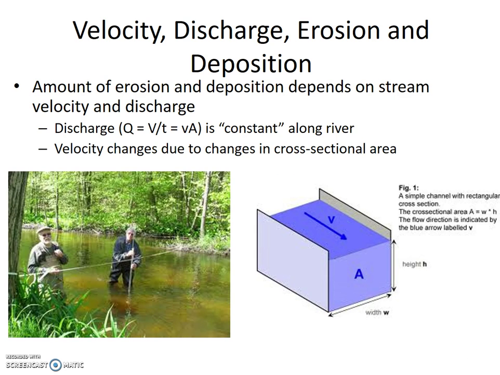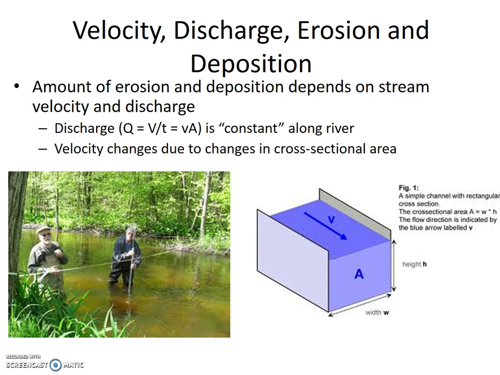Discharge is defined as volume of water that moves past a point in a given time, or the velocity of the water multiplied by the cross-sectional area of the stream. By cross-sectional area, we mean the area perpendicular to the flow of the stream, not parallel.